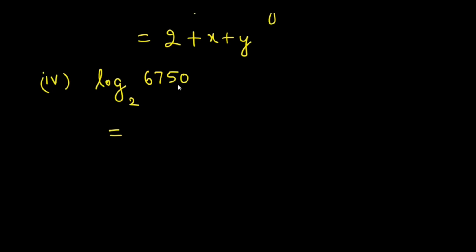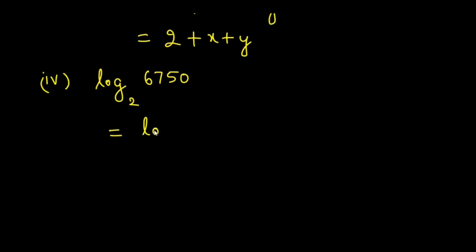6750 can be written as 2 into 3 power 3 into 5 power 3.